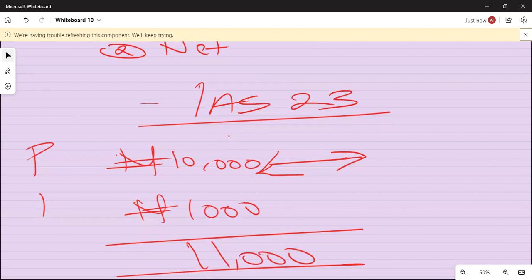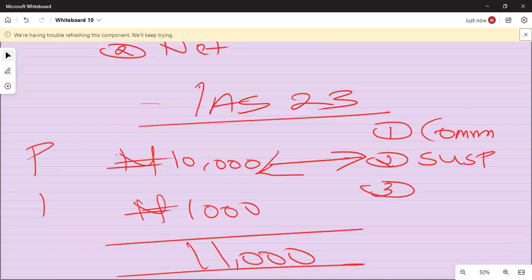So borrowing costs are meant for capitalization. Don't forget, borrowing costs are meant for capitalization. Apart from the theoretical part, we'll also be looking at the commencement of borrowing costs, the suspension of borrowing costs, and the cessation of borrowing costs.